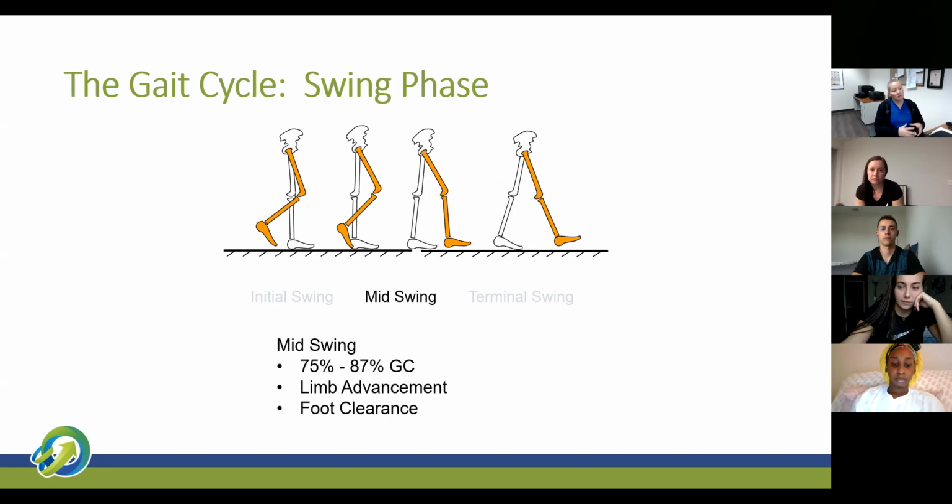So in mid-swing, the limb has crossed and is advancing in front of the stance phase limb. This is when foot clearance is the most important function of this phase of gait, because without foot clearance, we tend to have falls or near falls.